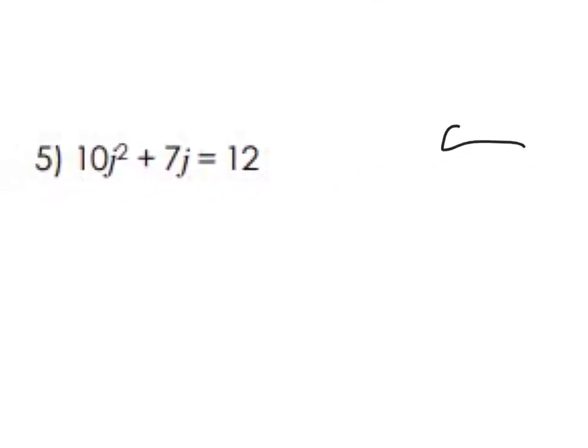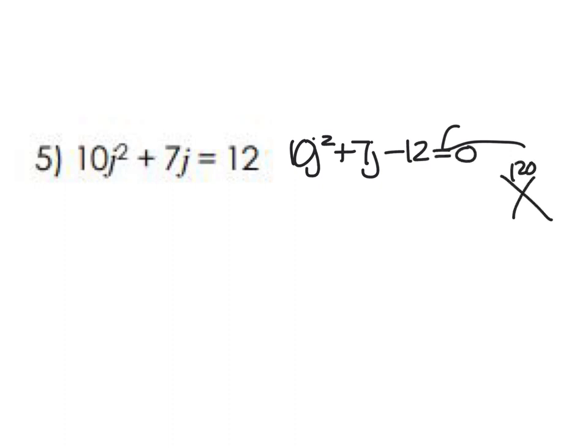Okay, number 5. This will be 10j squared plus 7j minus 12 equals 0. So factors of 120 that add up to 7. Put it in your calculator, and there's not any.